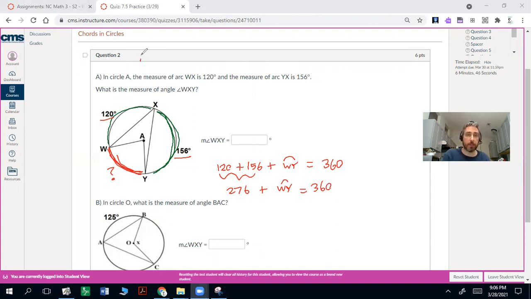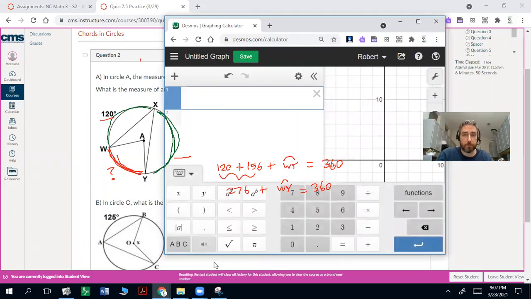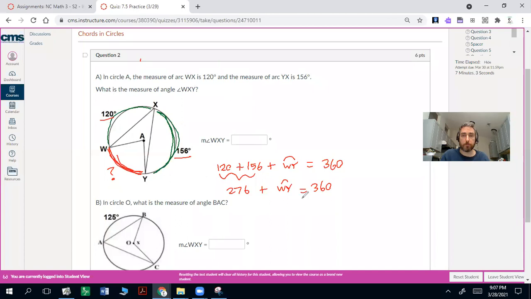So let's put that in the calculator. So that arc degree is 84 degrees. So 84 is the arc.